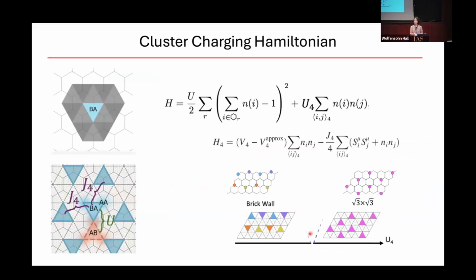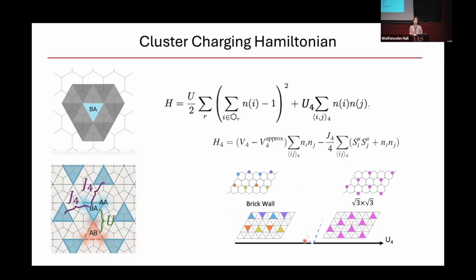What happens with the degeneracy is that at this U4 equal to 0 point, that's the only point where we have truly extensive degeneracy. Once you go to the √3×√3 order, that is a, let's say, boring charge order state. You only have threefold degeneracy depending on your registry. When you go to the brick wall, you have a slightly more interesting setting where you have sub-extensive degeneracy.